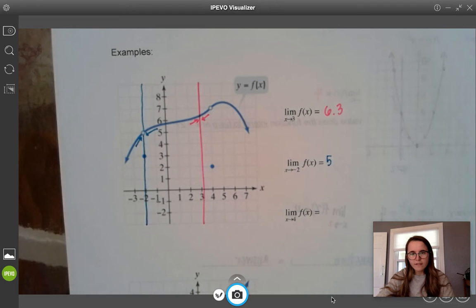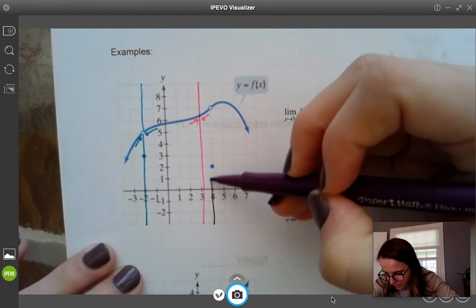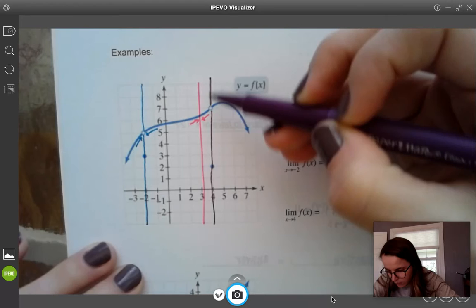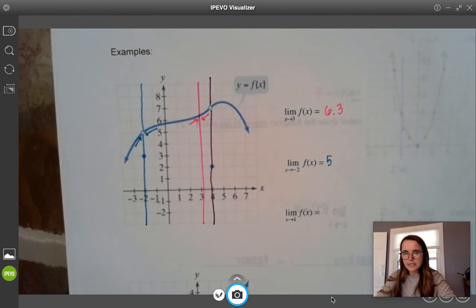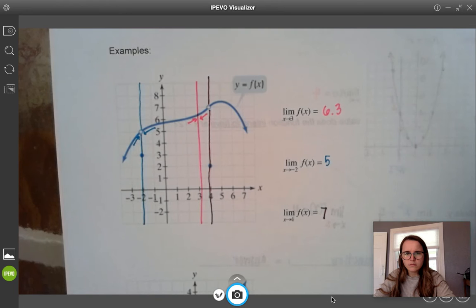Okay, and then finally for our last one, we've got 4. So from the right and from the left, we can see that the limit approaches 7.